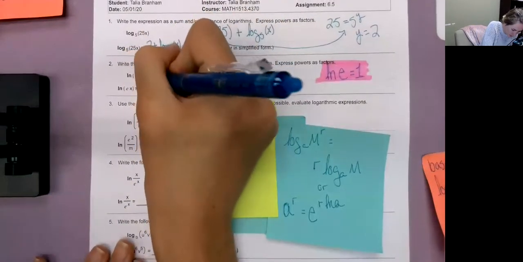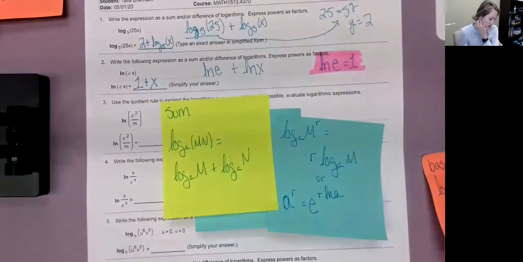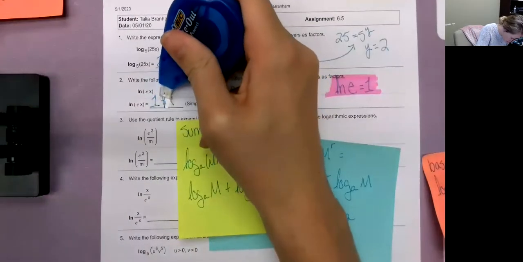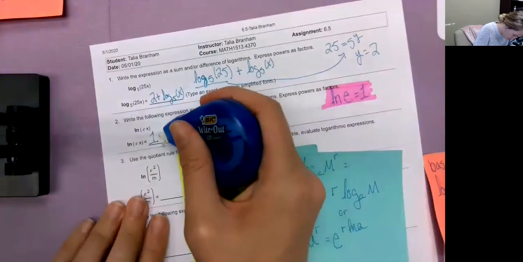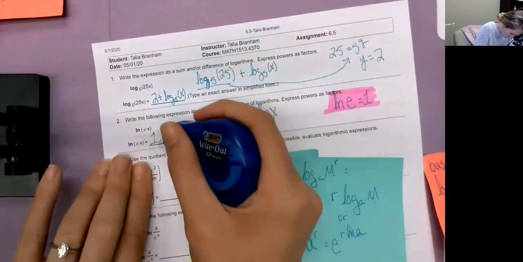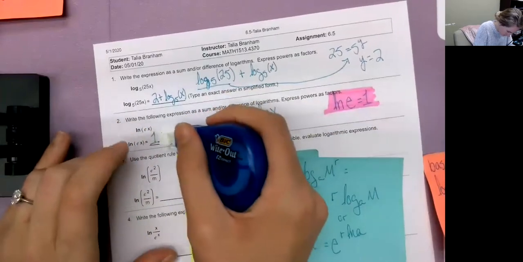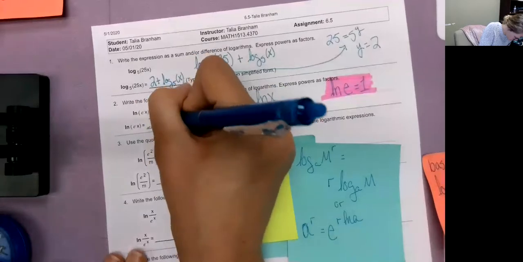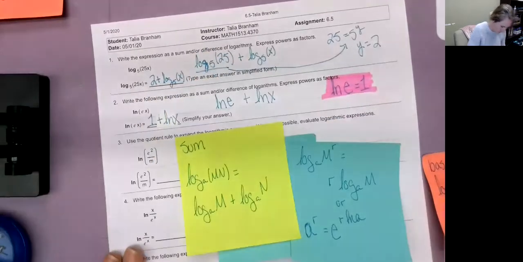So 1 plus natural log of x. I think I messed up on this one earlier too and didn't write it out. A good thing y'all have to do this. I want it to look better for when I scan it. Beautiful. Okay.